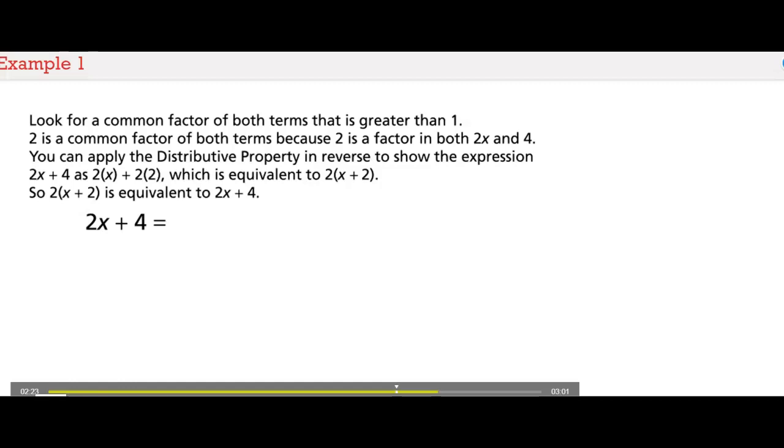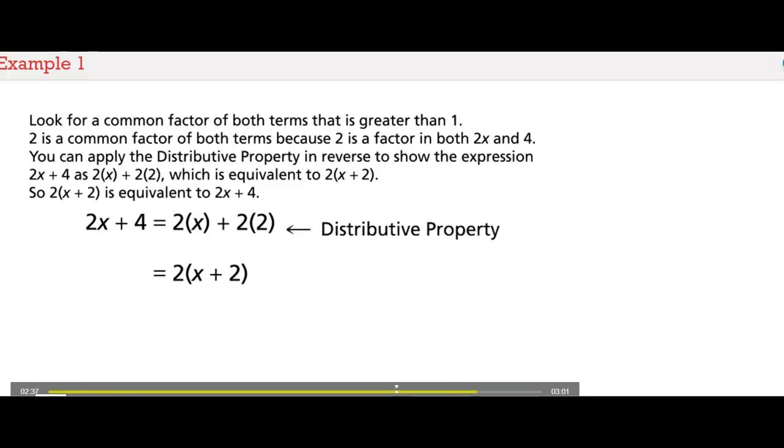You can apply the distributive property in reverse to show the expression 2x plus 4 as 2x plus 2 times 2, which is equivalent to 2 times the quantity of x plus 2. So, 2 times the quantity of x plus 2 is equivalent to 2x plus 4.